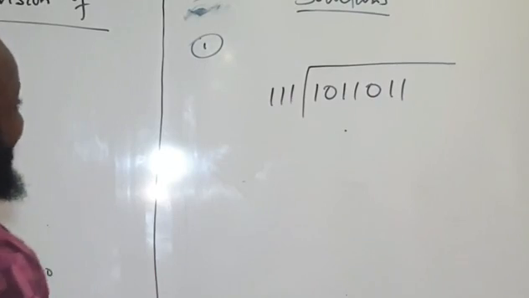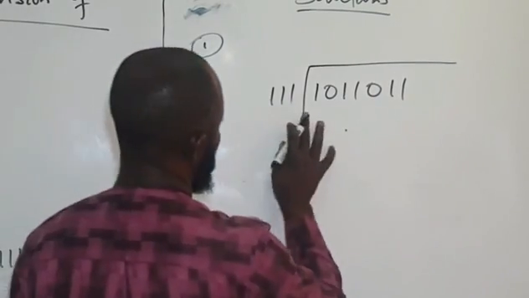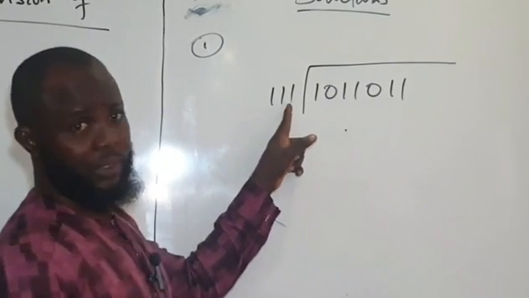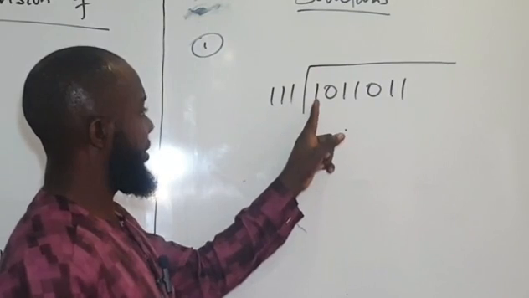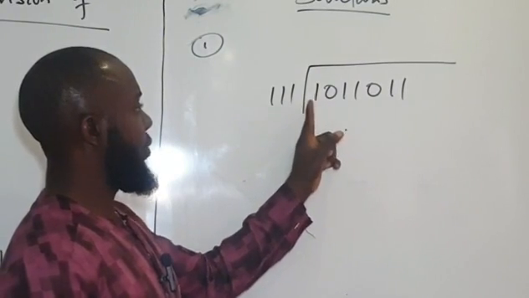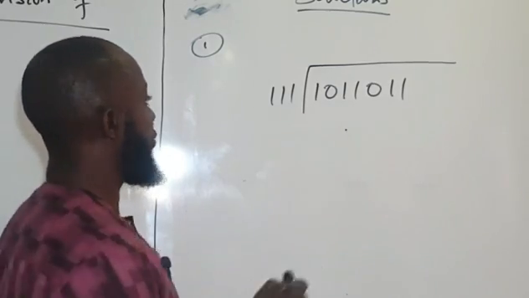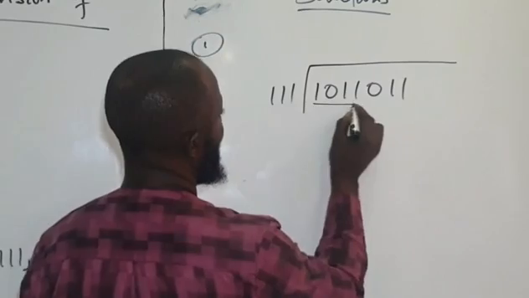Right. So that is it. So the first stage is this. If you look at 1 1 1, that's 3 ones. It's more than the first 3 digits here. This is more than this. Is that clear? So in that case, we will combine the 4.